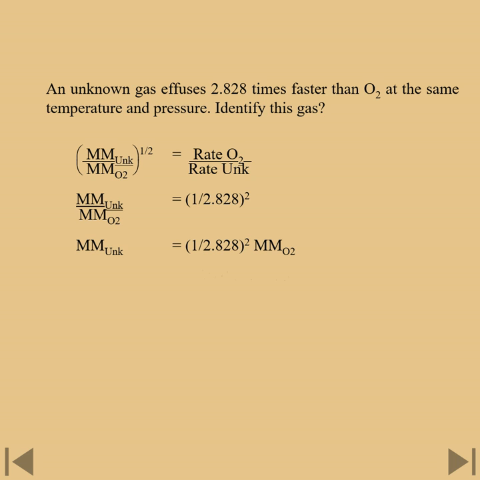Let's plug in the molar mass of O2 and square that 1 over 2.828. And I get 1/8 of 32 grams per mole, or 4 grams per mole. And we're asked to identify this gas. Only one gas has this molar mass, and of course that's helium.